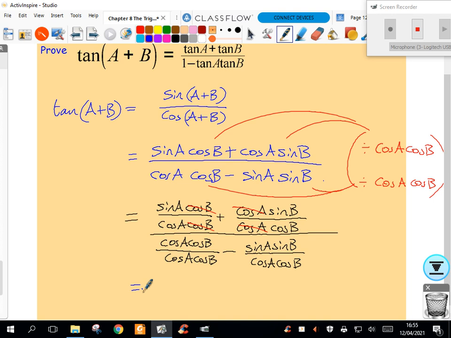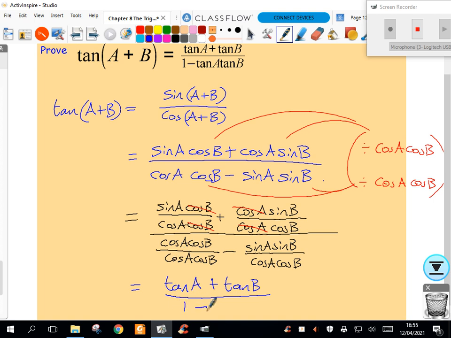So if we look at each of these here, in this first fraction we've got sine of A divided by cosine of A. My tan identity tells me that's the same as tan of A. Then we have plus sine of B divided by cosine of B. We know from our tan identity that's the same as tan of B. Here we have cos A, cos B divided by itself, so that's just 1.